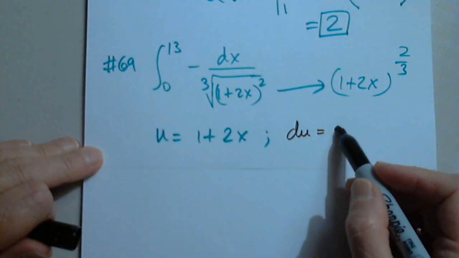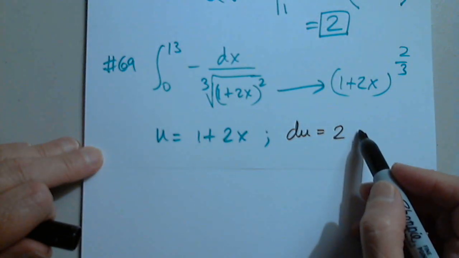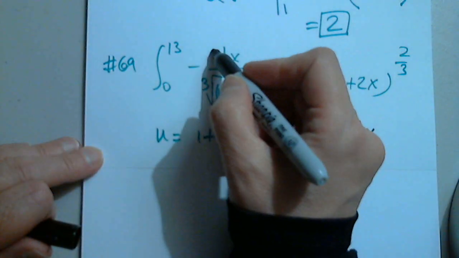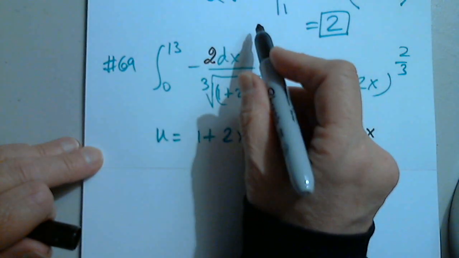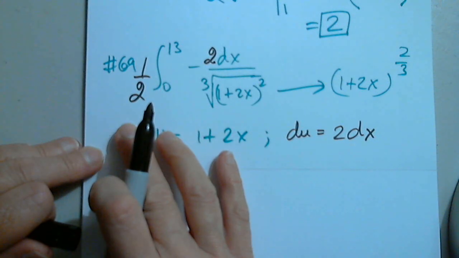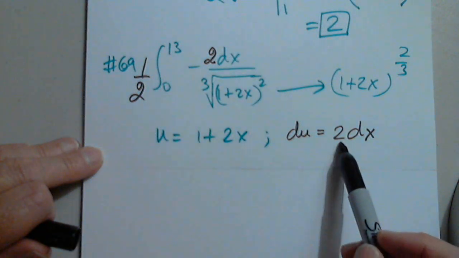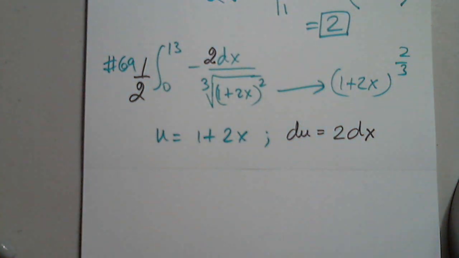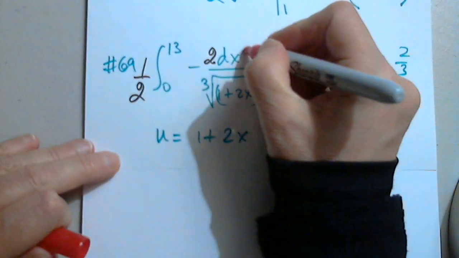Would that be 2 times dx? That's it. So then obviously I need the 2 to multiply the top and multiply the denominator. Okay? So 2 dx is my du.